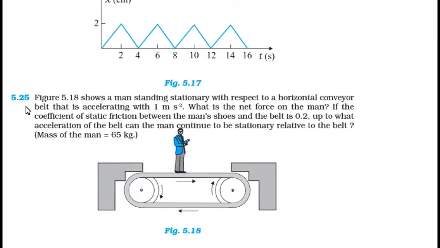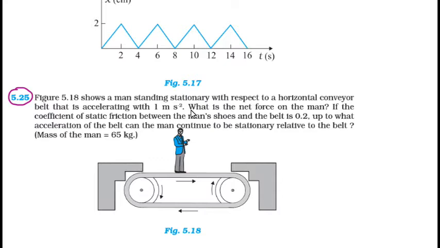The next question is 5.25. Figure 5.18 shows a man standing stationary with respect to a horizontal conveyor belt that is accelerating with 1 meter per second square. What is the net force on the man?